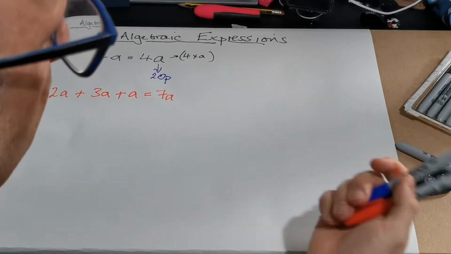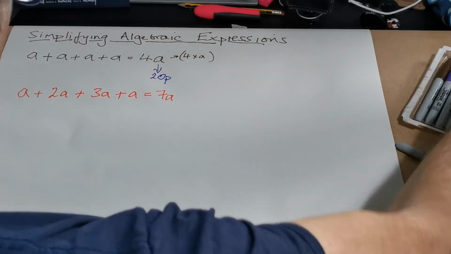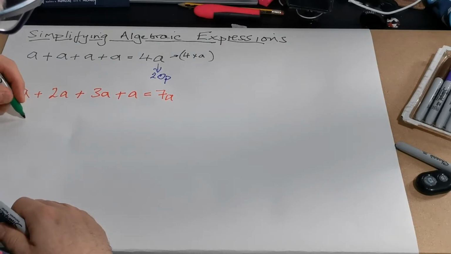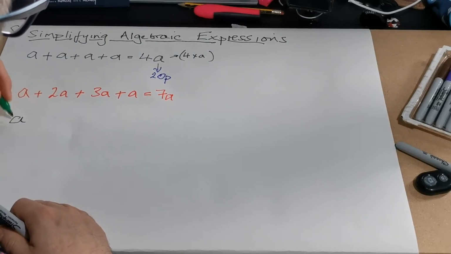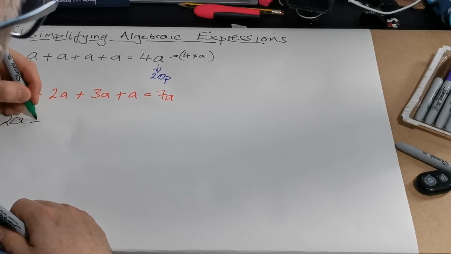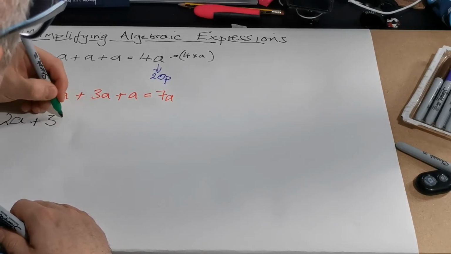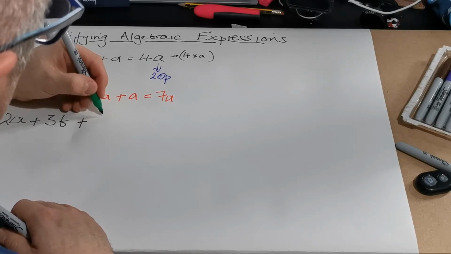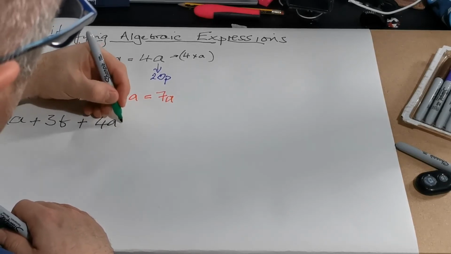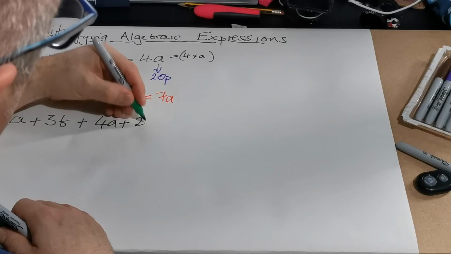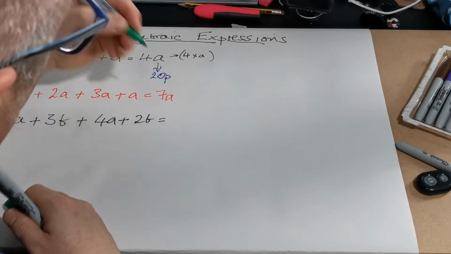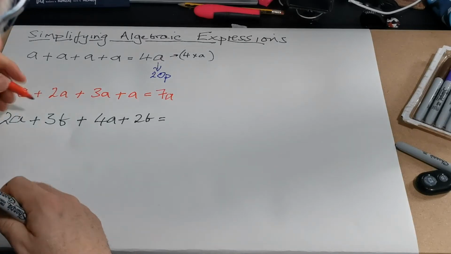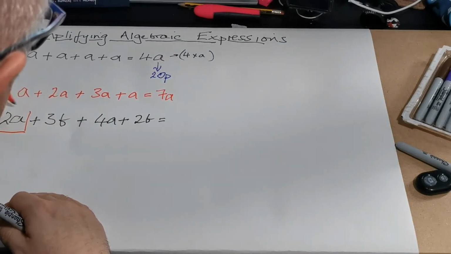Now, we might not just stick to apples. We might have to get some bananas. So if I picked up 2 apples and my wife picked up 3 bananas and my son picked up 4 apples and my daughter picked up 2 bananas, you can see that if we're putting that together, we can just put the apples together.